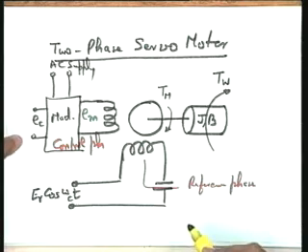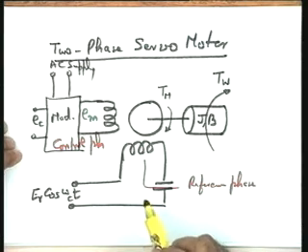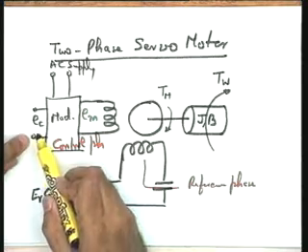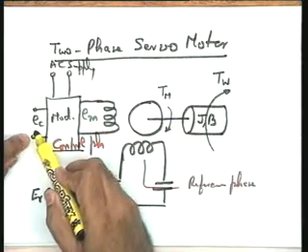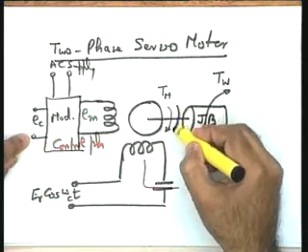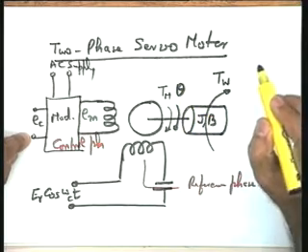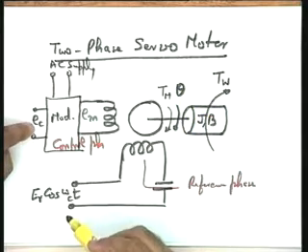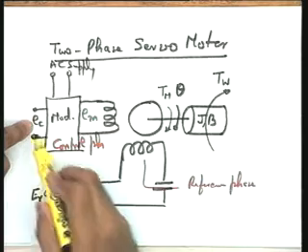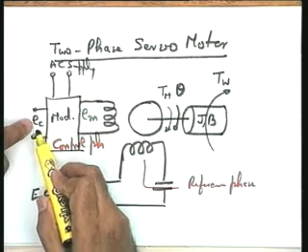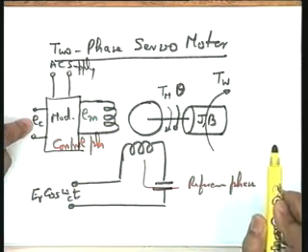At this particular point I will need your attention on this system block diagram once again. Please note that I have taken a transfer function between EC, the control voltage applied over here, and theta m or theta, which is the position of the motor shaft. What is this EC? EC is the control phase voltage, which is a low frequency signal.